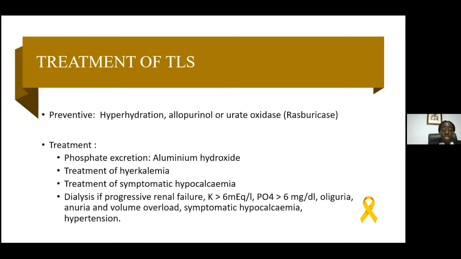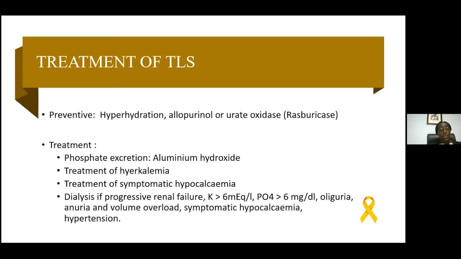Sometimes it's corrected, other times you may have to repeat it. And of course, there are other forms of management where you use insulin and dextrose to drive potassium into the cells, or you may use potassium chelating agents like calcium resonium.